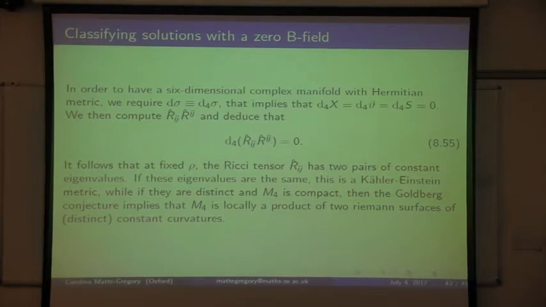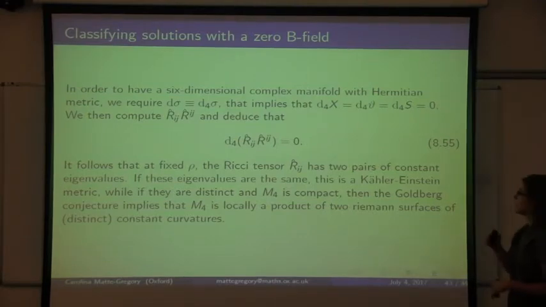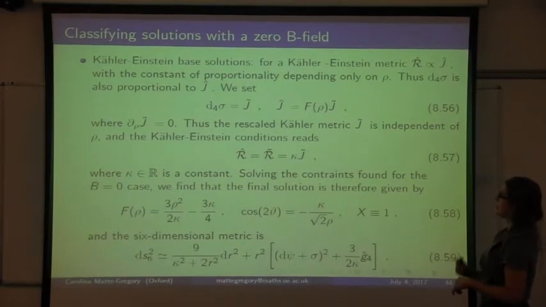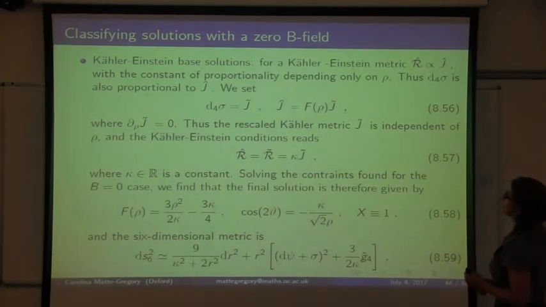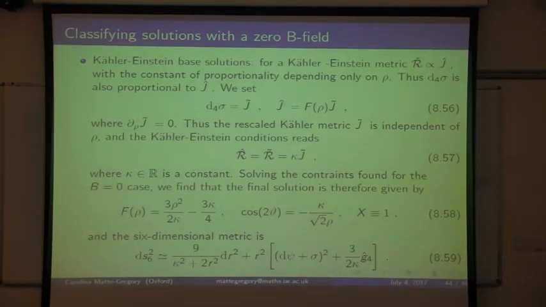So then I can actually look at those solutions. I mean, I can look separately at the Kähler-Einstein and at the product of 2 Riemann surfaces. In particular, starting with the Kähler-Einstein case. For the Einstein metric, I have this Ricci form proportional to my J hat.